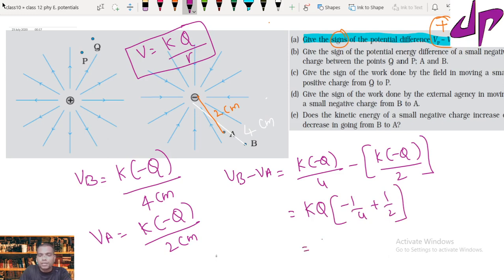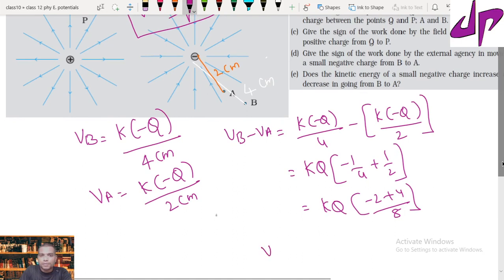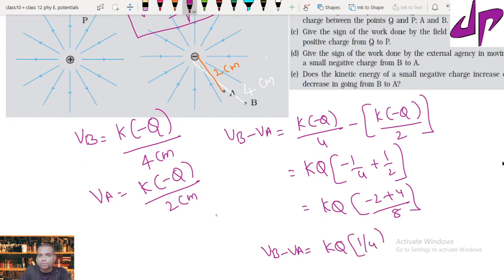If you do the LCM, KQ equals minus 2 plus 4 upon 8. So we end up with VB minus VA equals KQ times 2 over 4, which equals 1 over 4. That's what we need to find here, the sign, since it is a positive value.